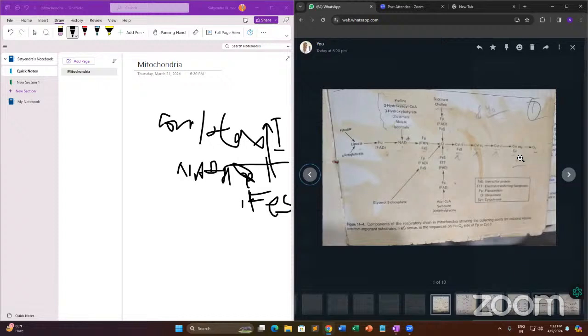However, the protons are uncoupled from the electron transport system, so the protons do not move toward the intermembrane space to create the proton motive force. The proton motive force is not created whenever thermogenin is there, because protons do not move from the matrix to the intermembrane space.